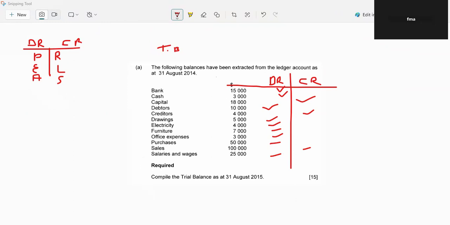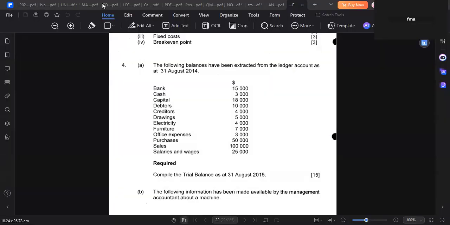Then we go to our actual answer. Let's check to see whether we are correct. So we need to see whether it's actually balanced in that case. So we're looking at this question carrying 15 marks and see whether the figures are going to balance. So let's go to our solution sheet and see whether our figures balanced.